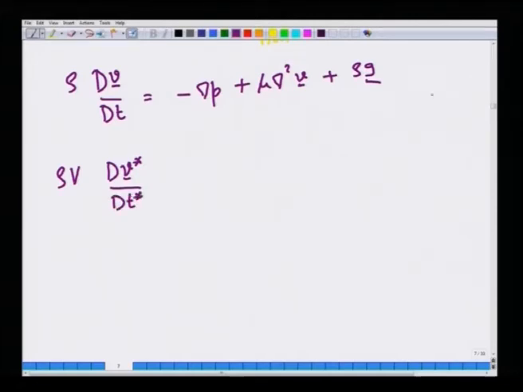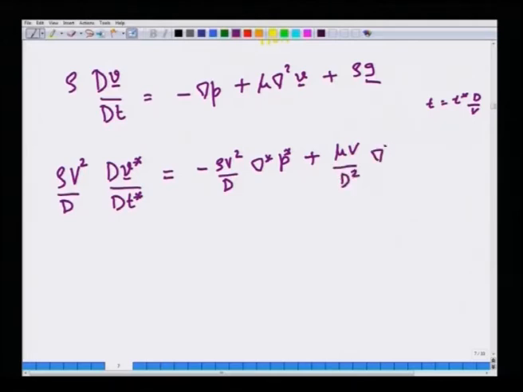Okay. t is nothing but t star times D by V. So, rho V squared by D dV star by dt star is minus rho V squared by D del star p star plus mu V by D squared del star squared of V star plus rho g.